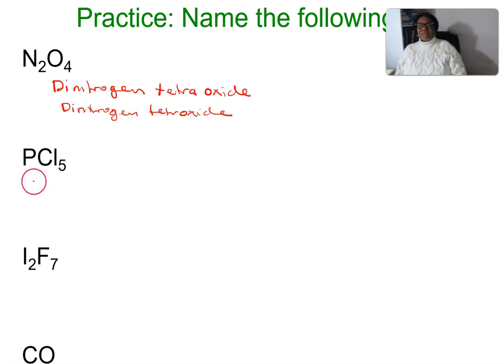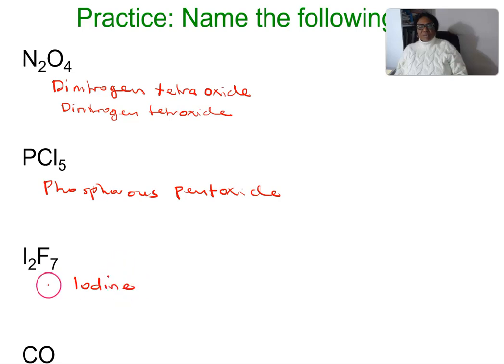So this one, we have phosphorus, just 1, we are not going to put mono, penta, oxide, we are dropping the A. Then this one is iodine, diiodine, heptafluoride.